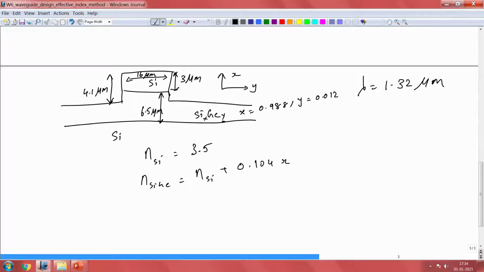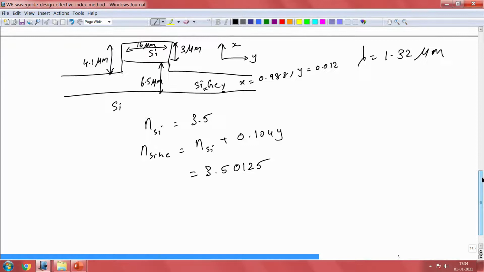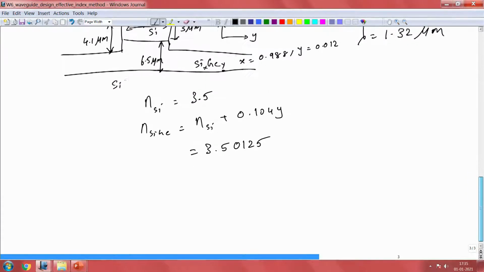In this case y here, okay. Let me put it as just directly y, okay. So, this ends up as 3.50125, okay. So, this is what we have. So, we have the refractive index of silicon, we have the refractive index of silicon germanium, we know the wavelength. So, that is all we need from this particular problem.